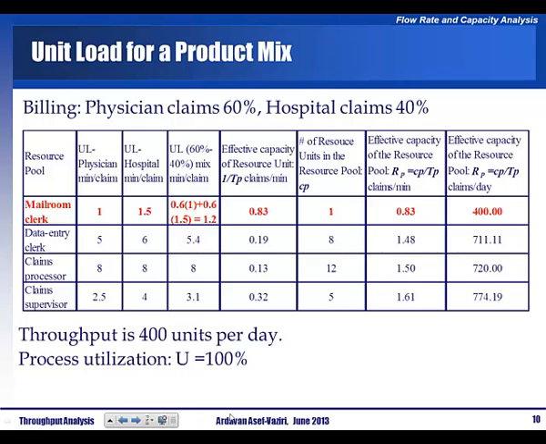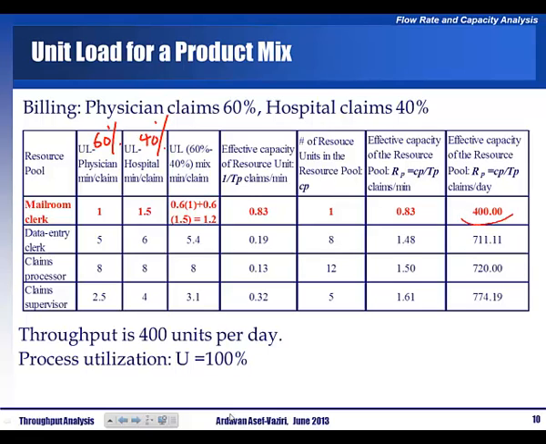Therefore, the capacity of this process is 400 units per day. 400 units of what? Of something which is 60% this one and 40% this one. I have melted these two into each other, and I have created this aggregate product, which I know I can produce 400 units of per day.